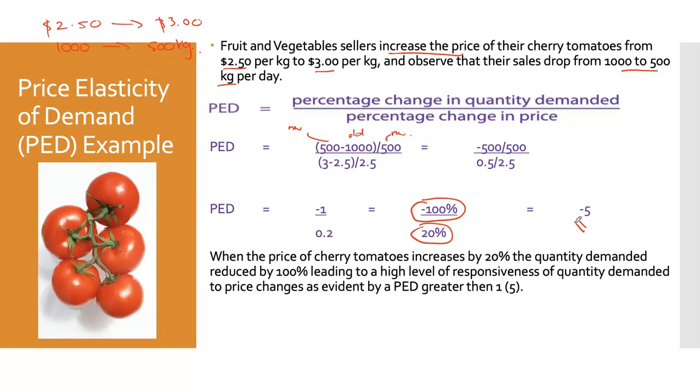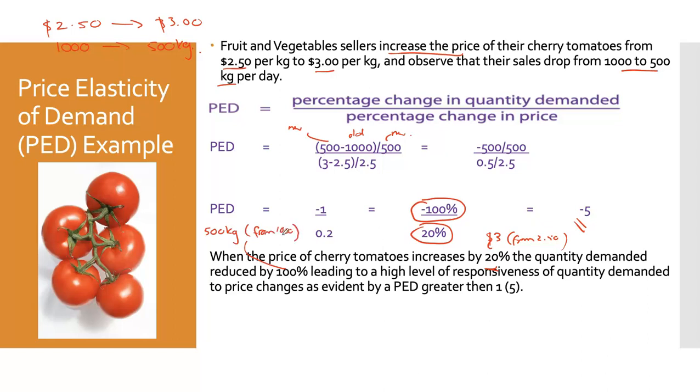So if we think about this in words, because you're not going to have to do too many calculations of this: when the price of cherry tomatoes increased by 20%, going to $3 from $2.50, the quantity demanded reduced by 100% because it went from 1,000 to 500 kilograms.